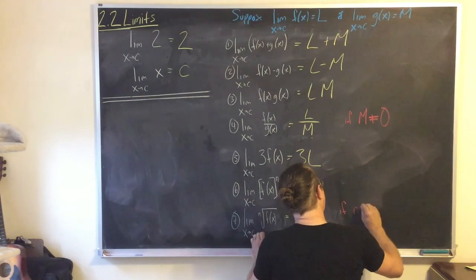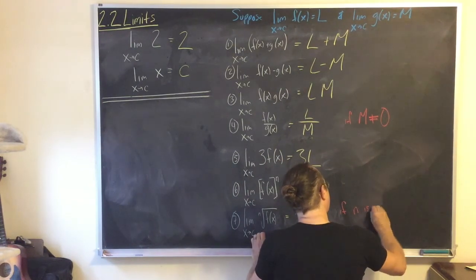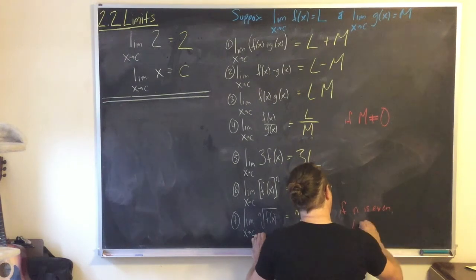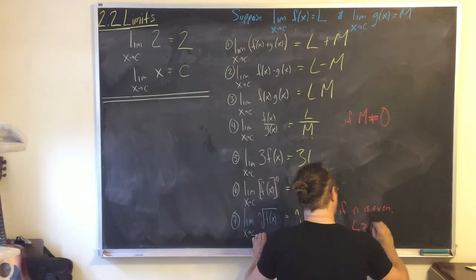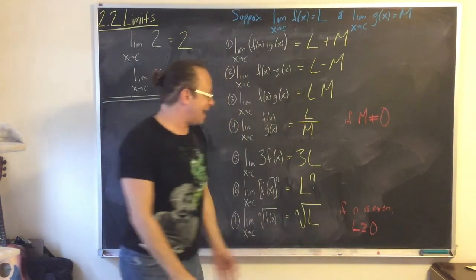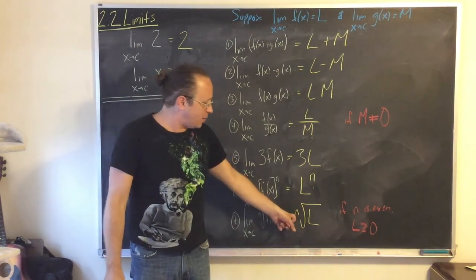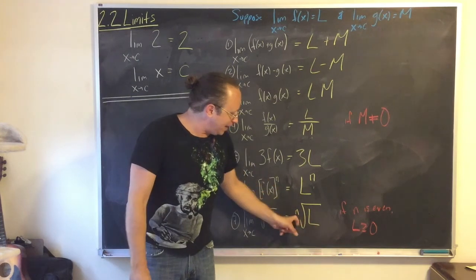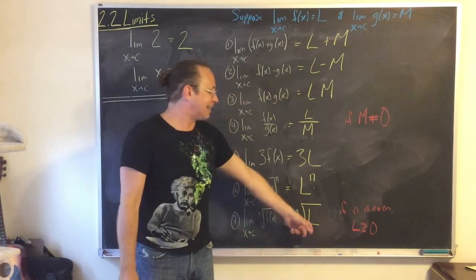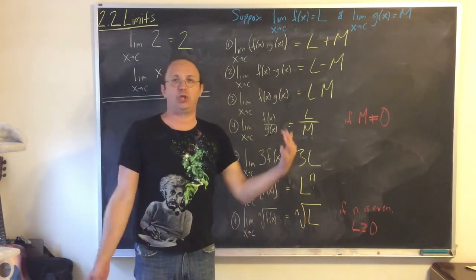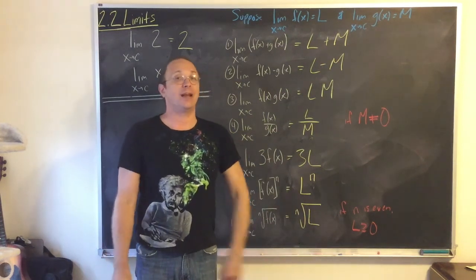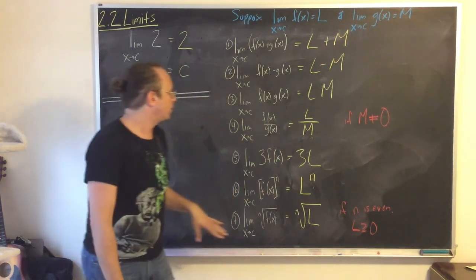If n is even, L had better be at least 0, because I cannot take the square root of a negative number. So if n is an even number, I better be taking the even root of a positive number. If n is odd, it doesn't matter. You can take the cube root of -8, that's not a problem. You cannot take the square root of -8.